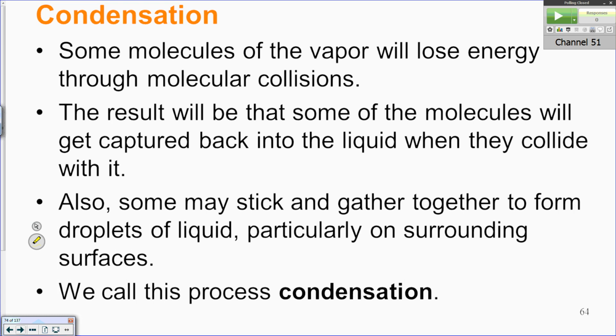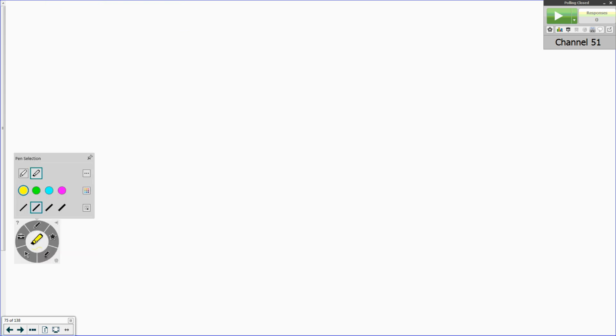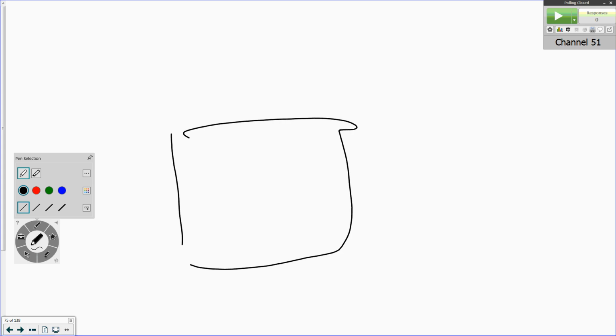If we think about the process, vaporization is when something escapes. If we go the opposite direction, when a vapor molecule loses energy through collisions, sometimes if it strikes back into that surface, it gets captured back in the liquid when it collides with the liquid surface. So if we imagine that motion occurring, if we have a liquid on a surface, say blue, we've got some water in our container, and some of that water escapes out into the gas phase.